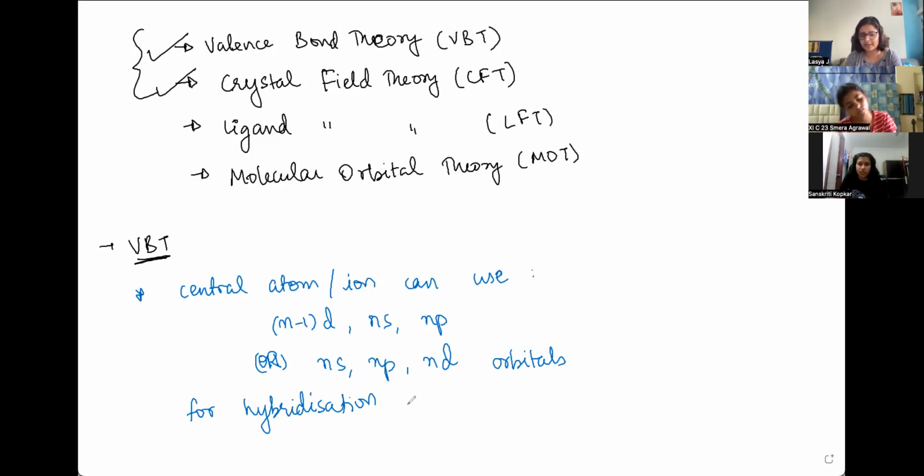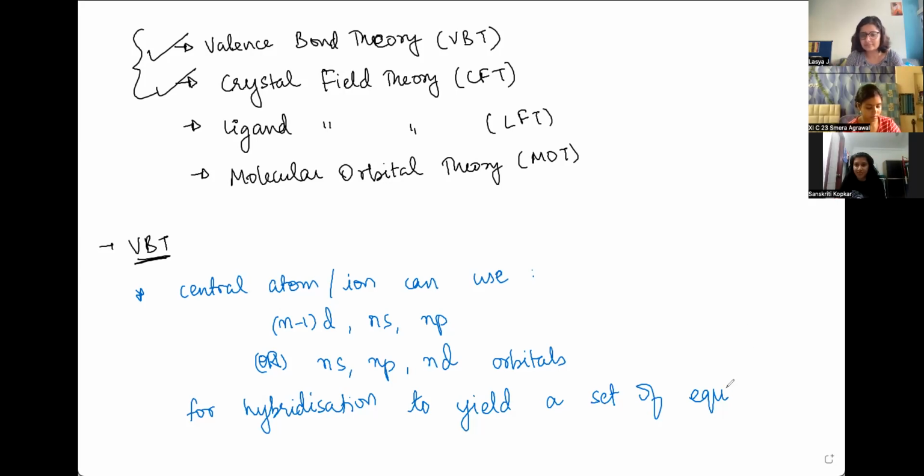Once that hybridization happens, you get a set of equivalent, symmetrical orbitals. The s, p, and d orbitals all have different energies and different shapes, right? But after hybridization, all their energy levels will be equal and all their shapes will be symmetrical.